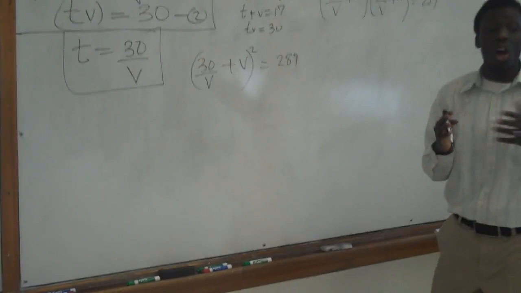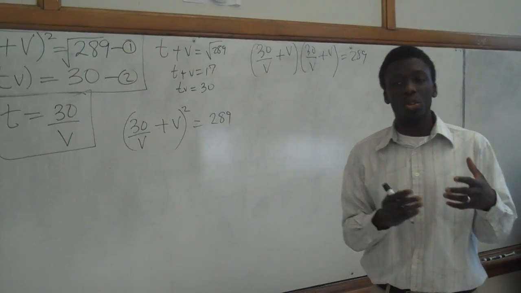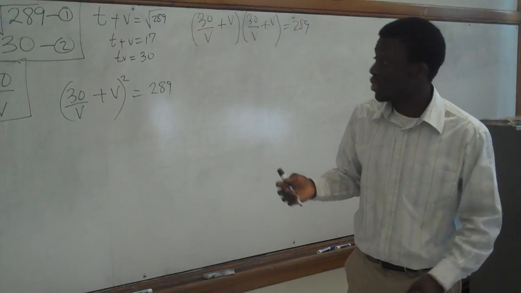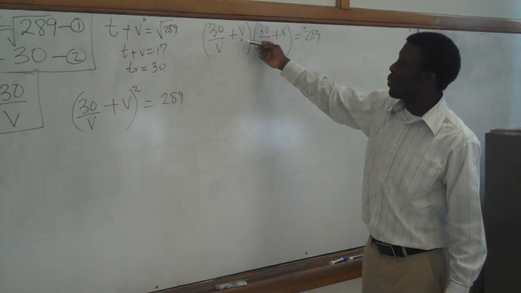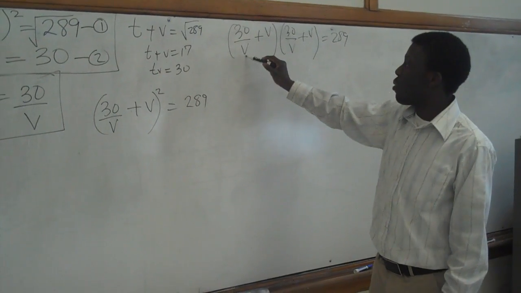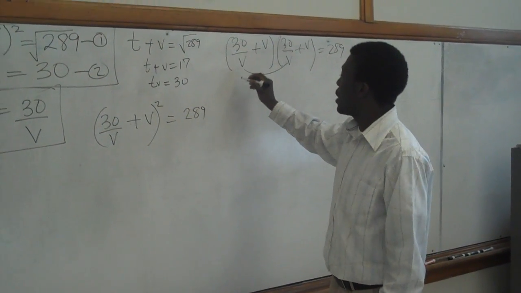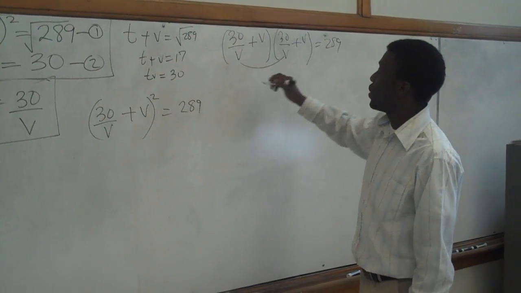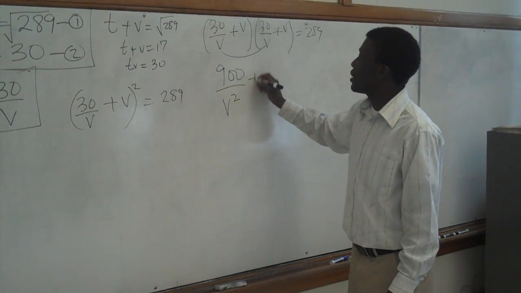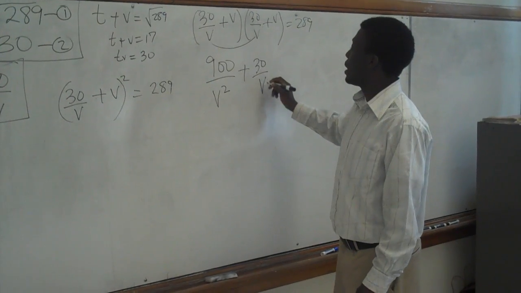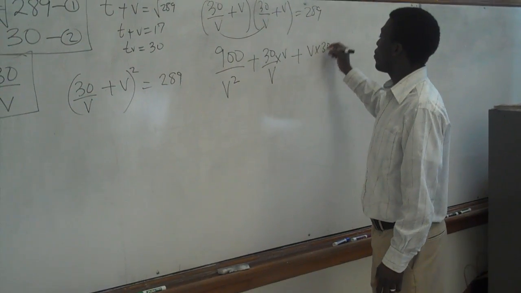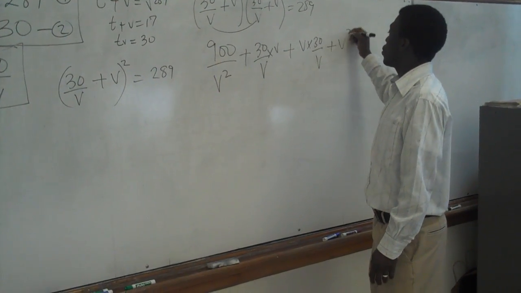Again, this is a very long method. You don't have to do it, but I just want to use it as an example to teach you how to do complex quadratic equations. So (30 over v plus v)(30 over v plus v) is equal to 289. We'll go ahead and multiply our terms. So we have 30 over v times 30 over v, which is 900 over v squared, plus 30 over v times v, plus v times 30 over v, plus v squared.